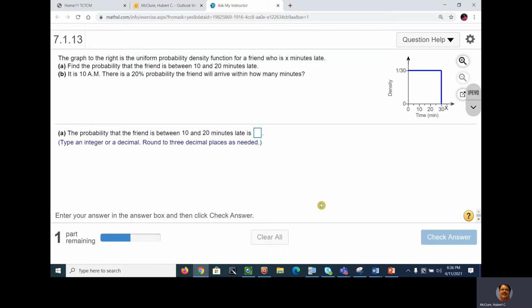And then if it is 10 a.m., there is a 20% probability that the person will be late. So how many minutes does that count? All right, so this is just like the problem we did in class.